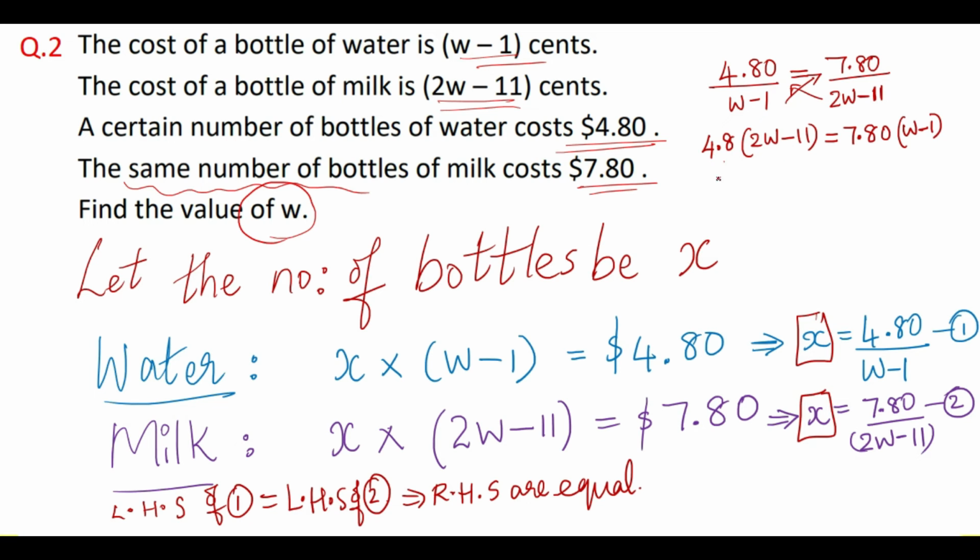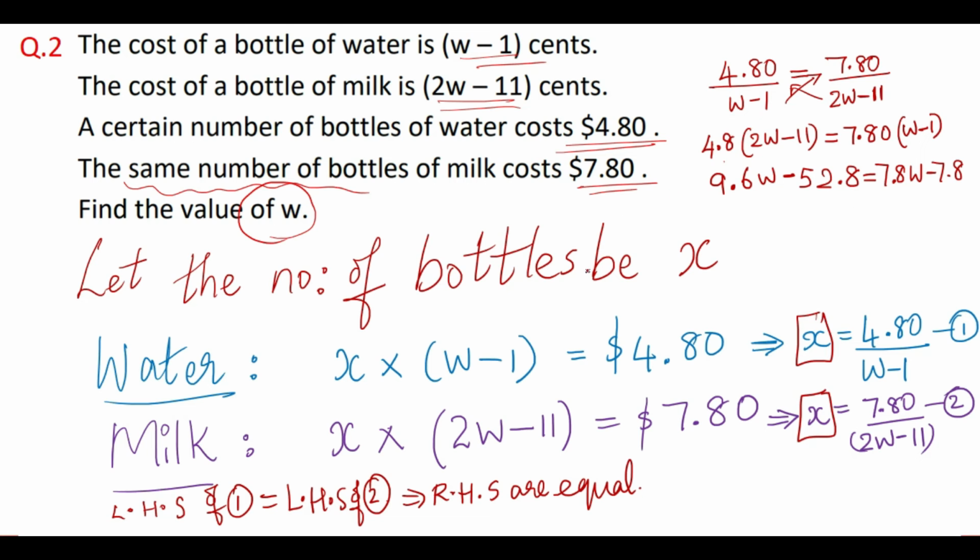Expanding the brackets, I have 9.6W minus 52.8 is equal to 7.8W minus 7.8.